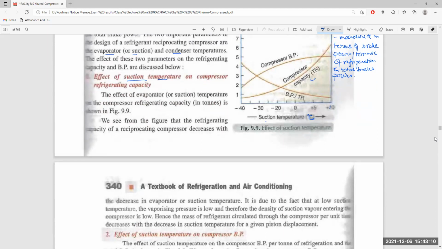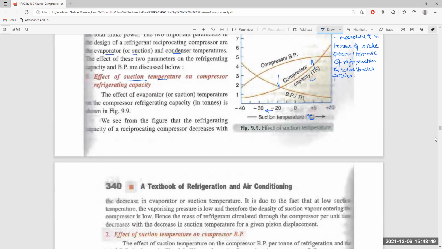When suction temperature reduces, compressor capacity will reduce, and when suction temperature increases, compressor capacity will increase. It is due to the fact that at low suction temperature, the vaporizing pressure is low, and therefore the density of the suction vapor entering the compressor is low.